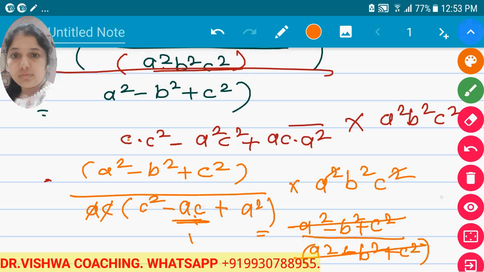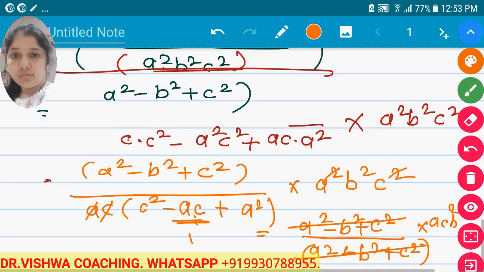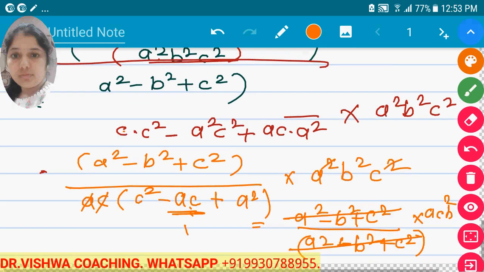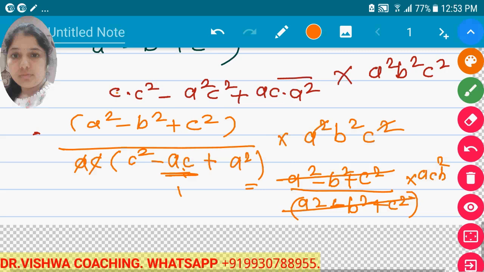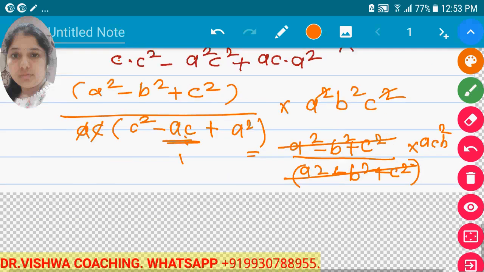So this numerator and this denominator will get cancelled. In multiplication what is remaining, A, C and into B square. Now this AC which is in multiplication with B square is also replaced by B square, because B square is equal to AC, because B is mean proportional.